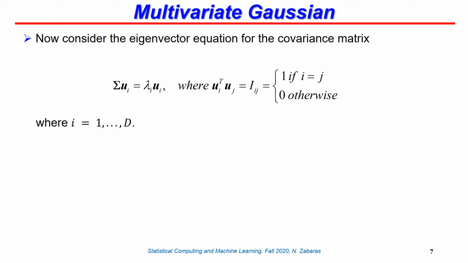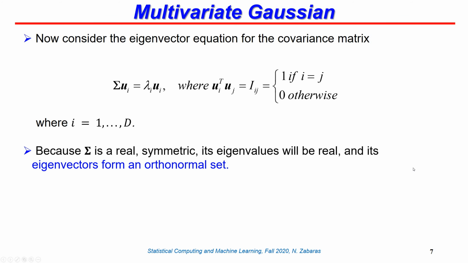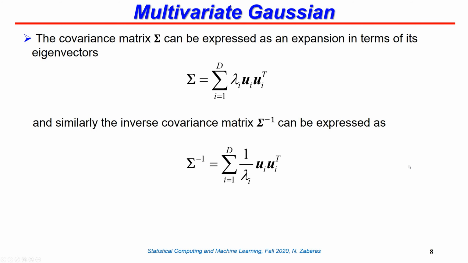Lambda i are the eigenvalues, and ui are the eigenvectors that here, as you see, have been normalized. So ui is orthogonal to uj, but also I make the magnitude of each of these eigenvectors equal to 1. So if this is the eigenvector equation for the covariance matrix, you can actually write down the expansion for the covariance matrix in the way that you see on the top.